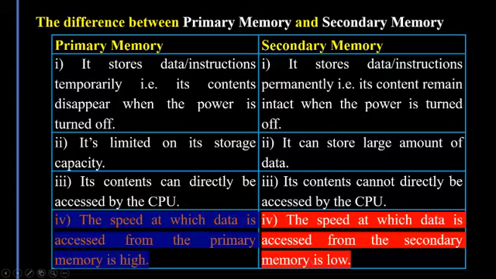That means when you read information stored on a hard disk, for instance, or flash disk, or floppy disk, or even compact disk, it will be slow. But if that information is to be read from the primary memory, it will be read at a very high speed.